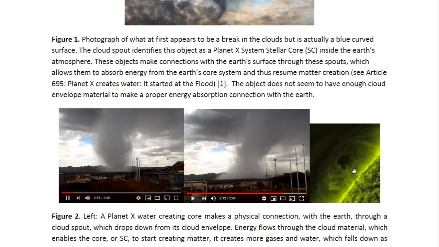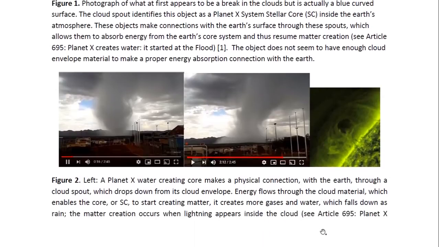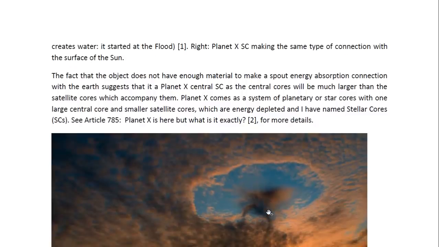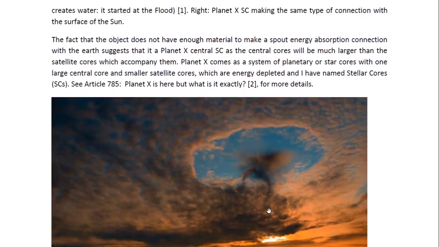This is its spout cloud connection. And once they make this connection, they create more gases, so the cloud often gets larger, and they create water, leading to rain.